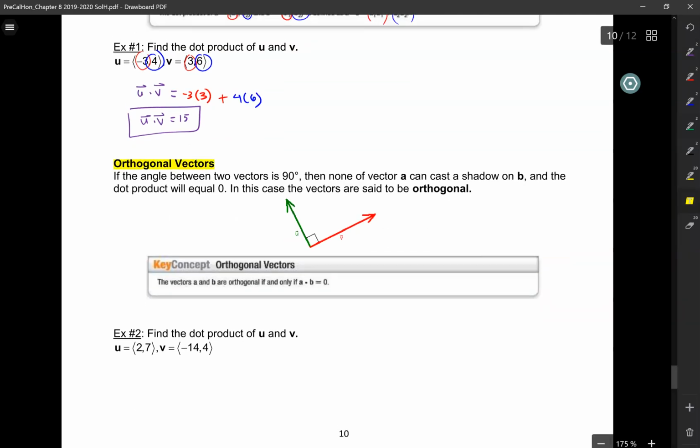Now, look at this new term, orthogonal. Orthogonal is another word for perpendicular. So in geometry, two lines would be perpendicular to each other, and then there's also the term orthogonal. Let's think about that for a minute. What does an orthodontist do to your teeth? Straightens them. And what would an orthopedist do to your bones? Straighten them as well.